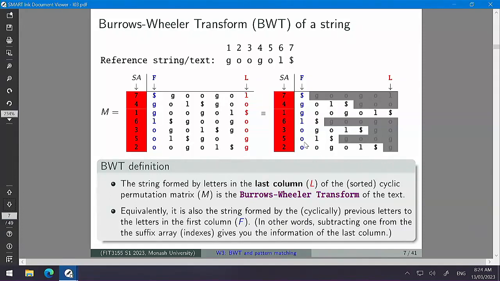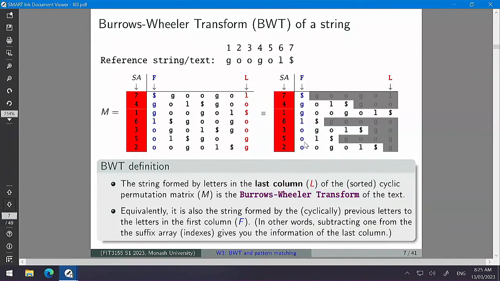But if you treat it as a cyclic permutation of the string, meaning that when you go off to the right side you come to the left of the string, so if you go beyond m you come to 1. 1, 2, 3, 4, 5, 6, 7, 8, 9. Let's say m equals 10. When you go to the right of 10, you come back to 1. So it's a cyclic string.